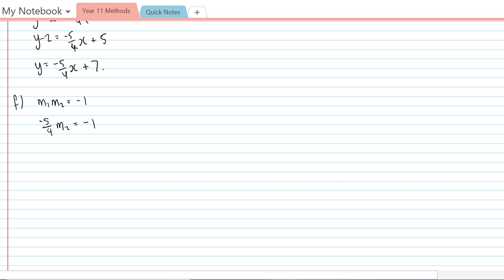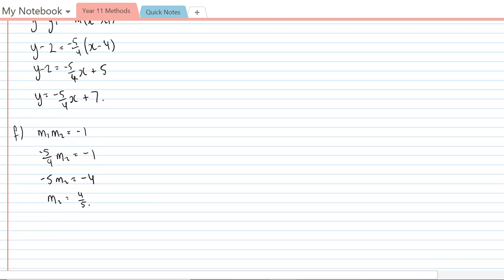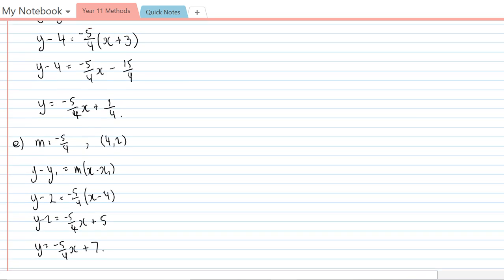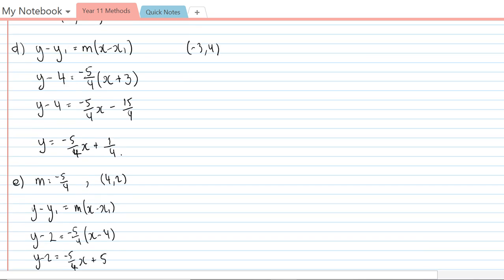So I'm going to multiply by 4. -5 m2 is -4, and then I'm going to divide by -5. So m2 is 4/5. Okay. So I've got the gradient of the line. I also know that it has to pass through the point 1, -1.